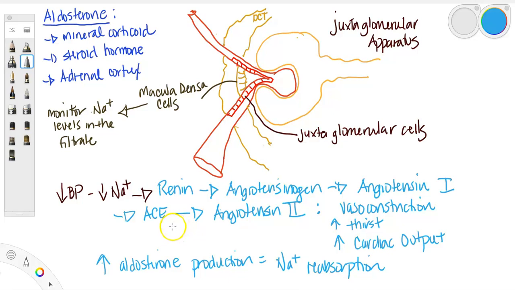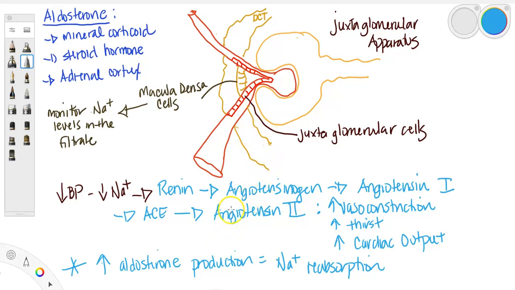The ACE enzyme then converts angiotensin 1 to angiotensin 2. So we've got increased vasoconstriction, increased thirst, and increased cardiac output. And then along with that, we have it targeting the adrenal cortex in order to increase secretion of aldosterone.